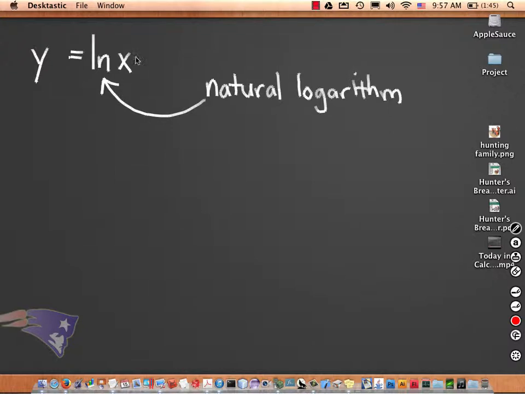E. That's exactly right. Now, what is the natural logarithm of 1? 0, because e to what power gives you 1? It's 0.